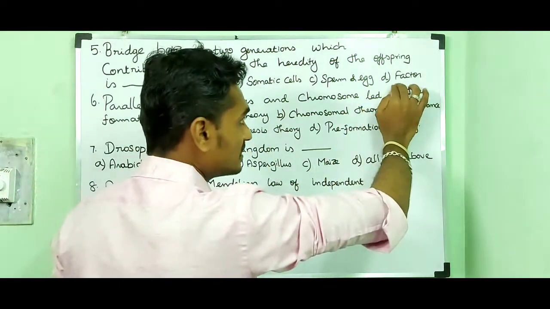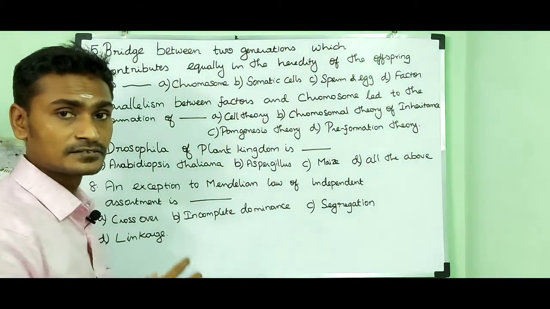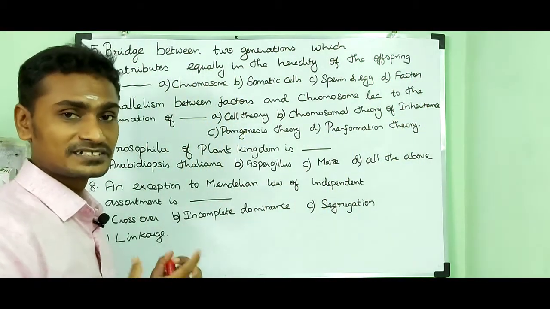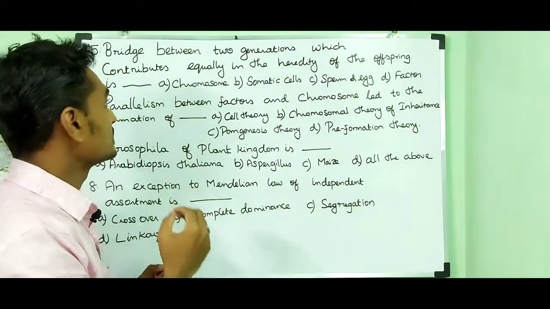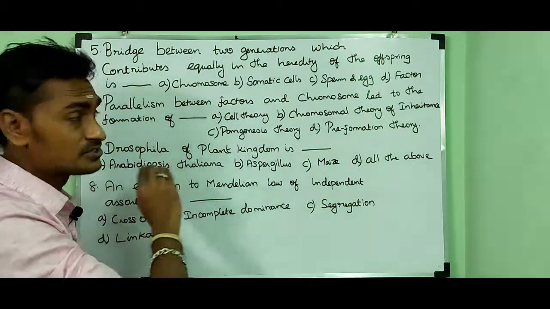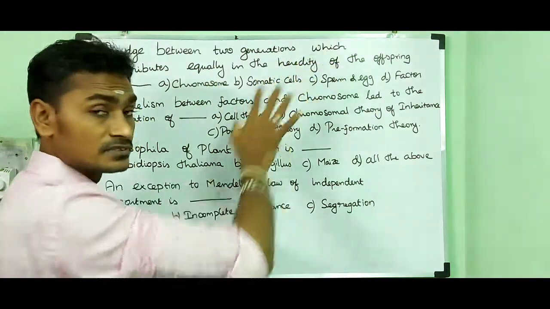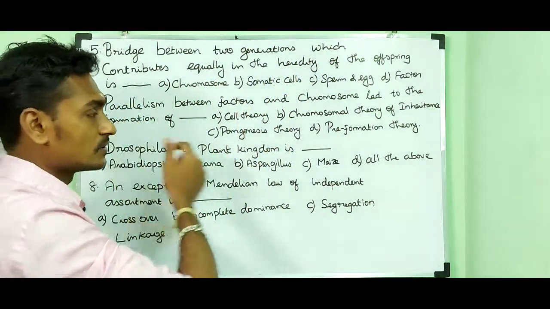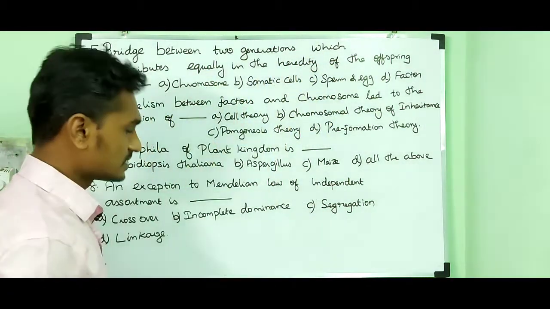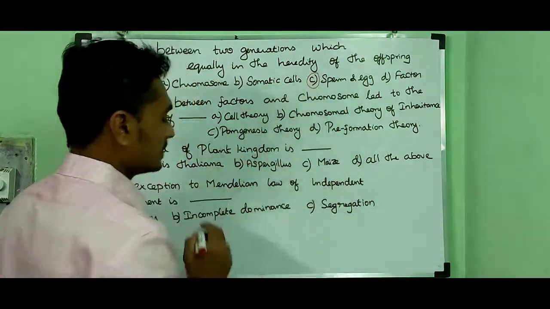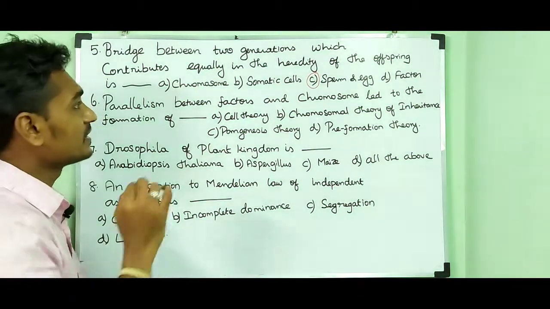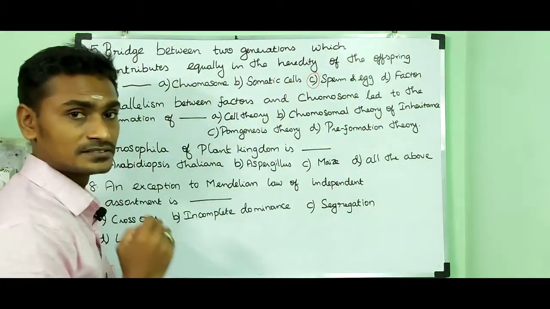In the case of D, it is a factor. Factor is nothing but a gene. It can express as a character, but here the question says it contributes equally in the heredity of the offspring. So option C is the right answer, because sperm and egg contribute equally in the heredity of the offspring.